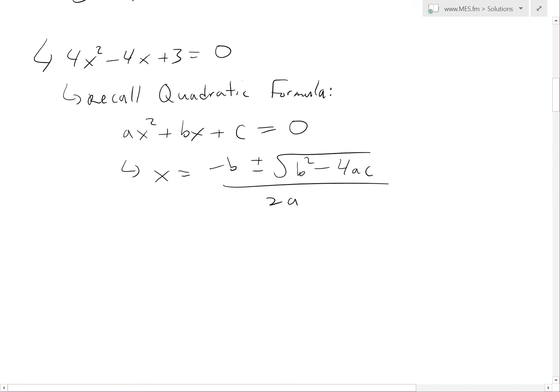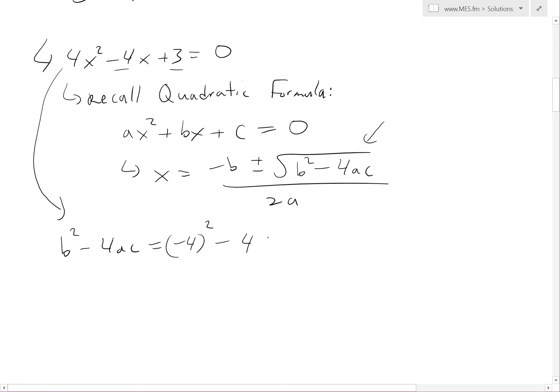The first thing we need to do to see if we can factor is check this right here, b squared minus 4ac. This has to be greater than or equal to 0 because that's a square root. So in our case, this is just going to be equal to negative 4 squared, and then there's our c.